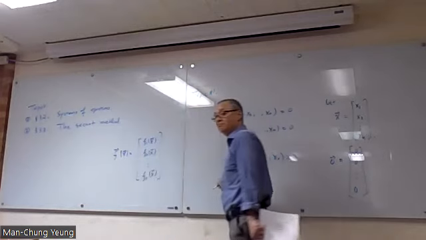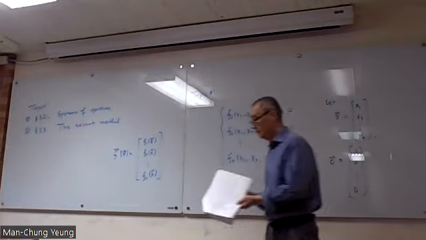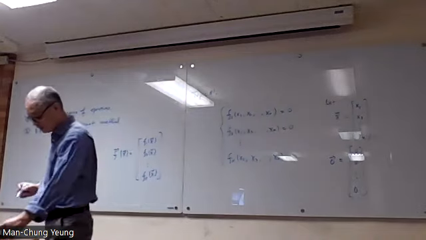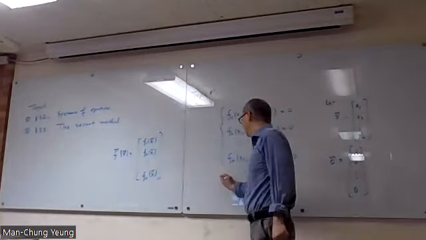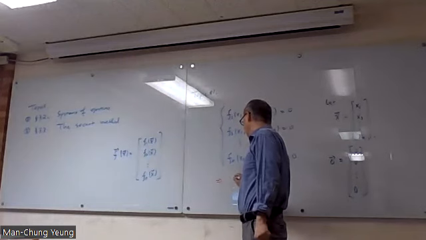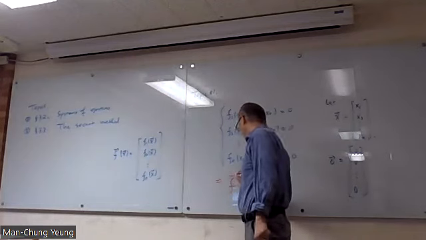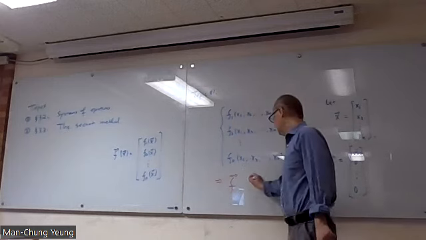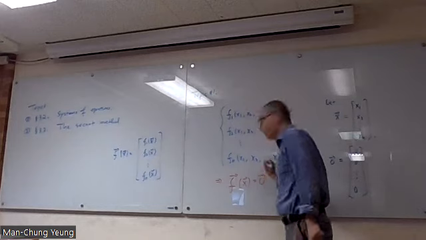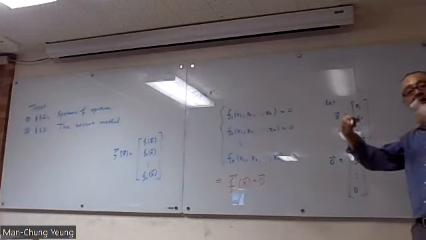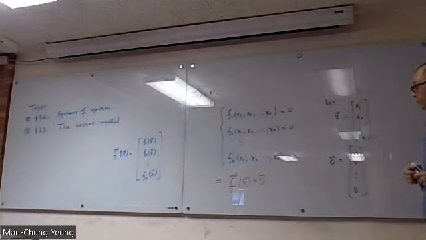Then the system of equations can be written as f arrowhead of x arrowhead equals the right-hand side, in a compact form.